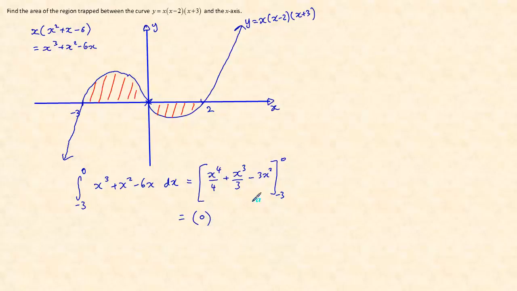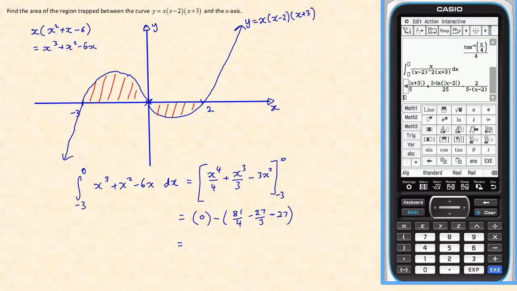So the top is giving us 0, and the bottom would give us 81 over 4, take away 27 over 3, and that's going to be take away 3 times 9, so that's 27. And I think we'll just calculate that on the calculator.